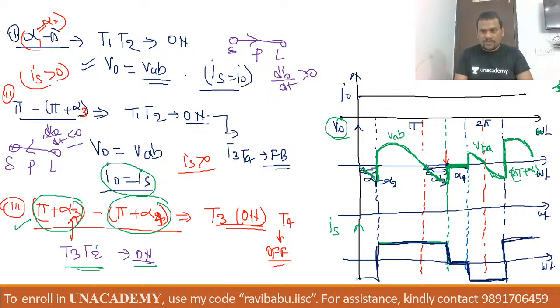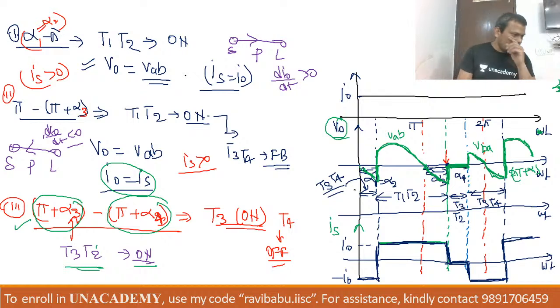So this is the waveform of IS, and this magnitude is obviously I naught. Here T1 and T2 are on according to analysis, in this period T3 and T2 are on, and in the last period T3 and T4 are on, and somewhere here in the beginning in the steady state T3 and T4 are on.